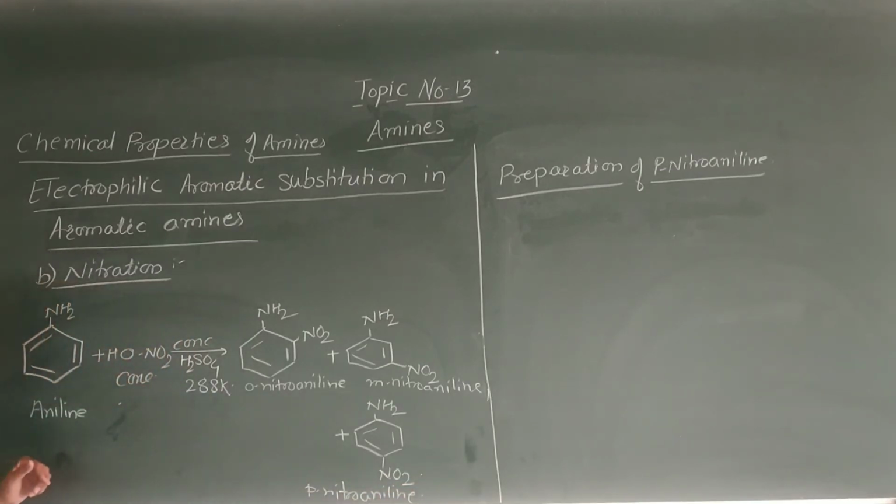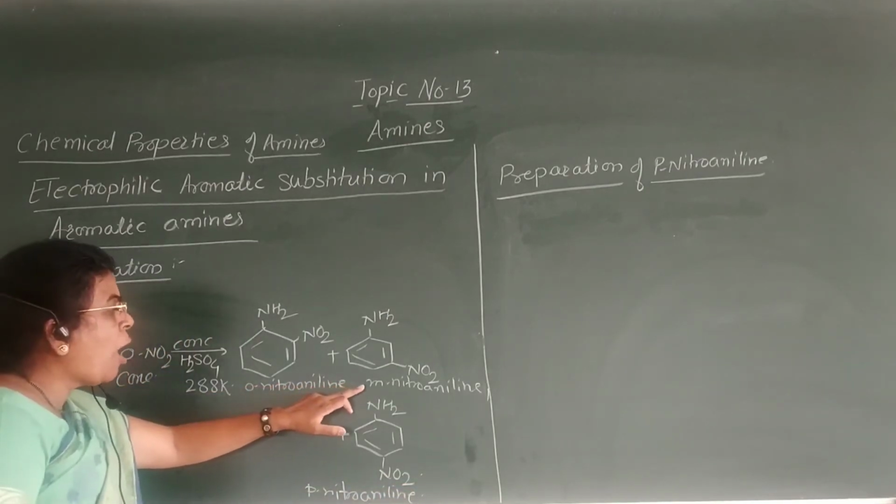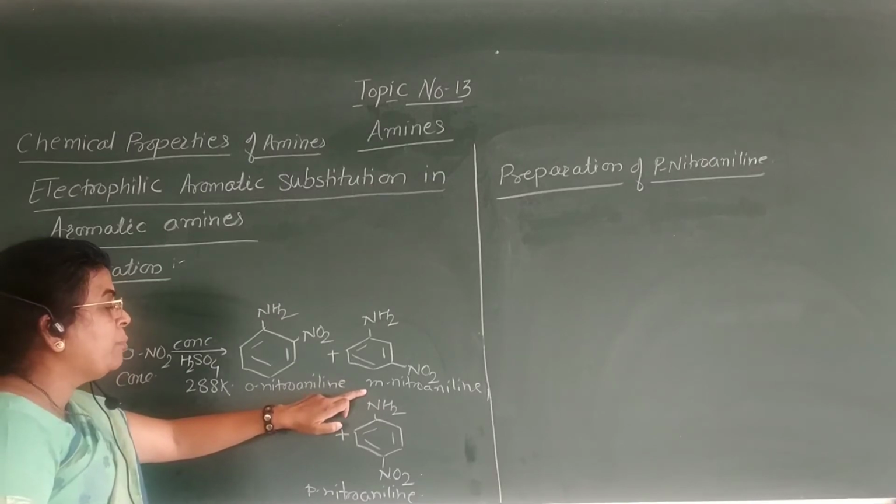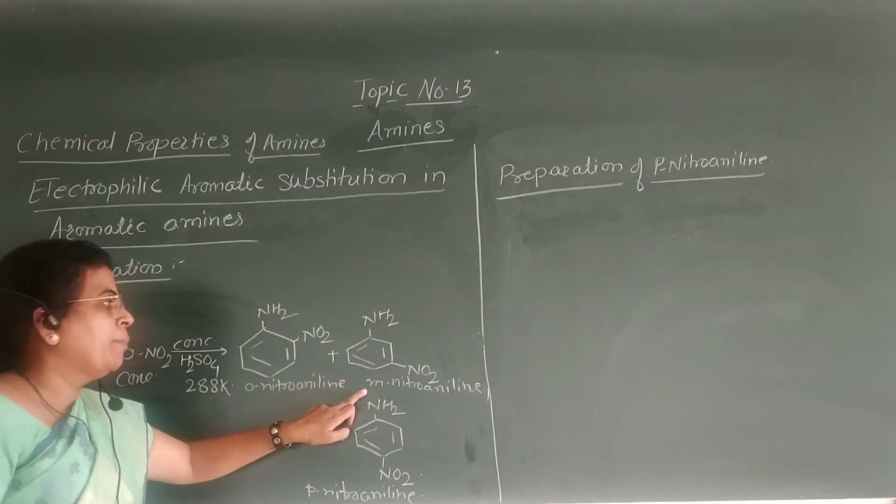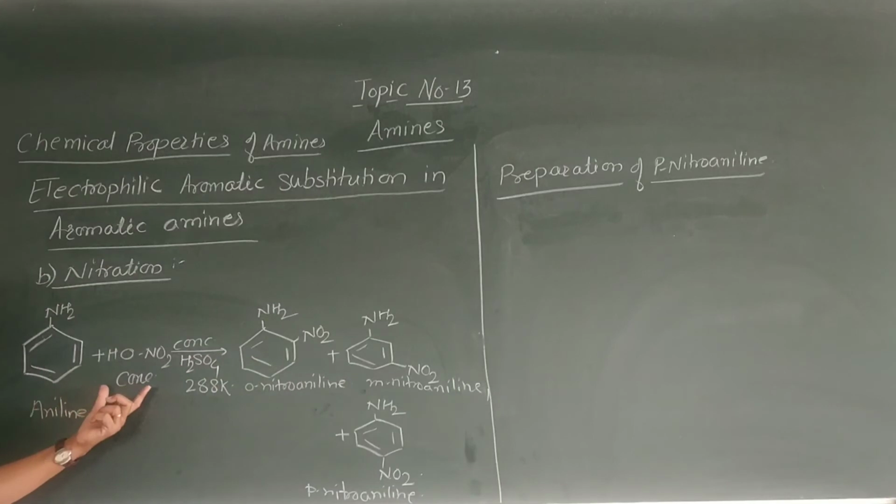Now here, first we are going to see how this meta product, that is metanitroaniline, is obtained. In presence of this acid, we know that this NH2 group is basic in nature due to presence of a lone pair of electrons on the nitrogen atom.